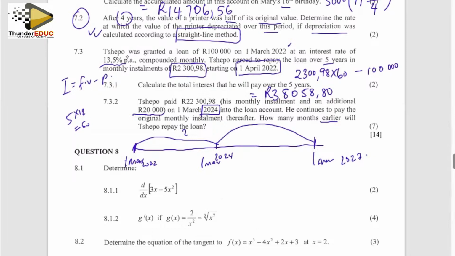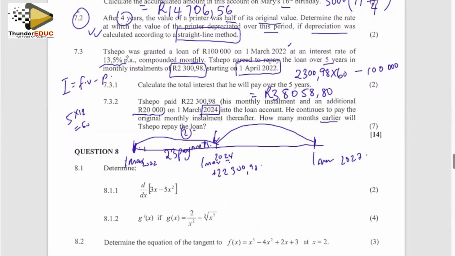So if at this point the guy is paying 22,300.98, it's more like a bonus or an addition. We need to see how many payments did Tepo make between the 1st of March 2022 and the 1st of March 2024. Since it's 2 years, it's not going to be 24 payments. Remember, he started the payments on the 1st of April, so I'll be looking at 23 payments.